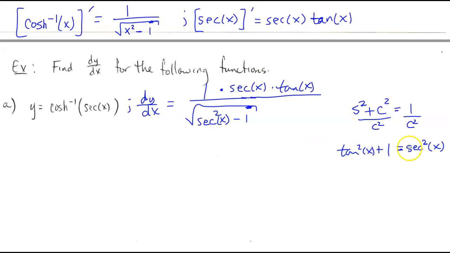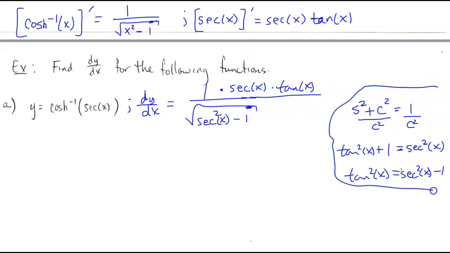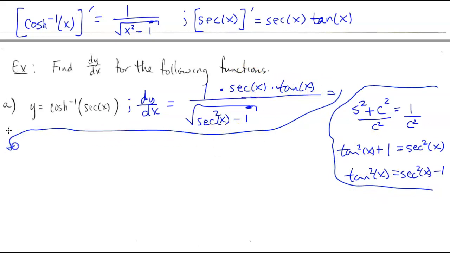Okay, and so now we know that if we rearrange this equation here, that tangent squared of x is just going to be secant squared minus 1. So we're saying all that to say here that under the radical, we're going to replace all of that with just tangent squared of x. So we'll go ahead and block this off here. Do an equal sign and then come down here.